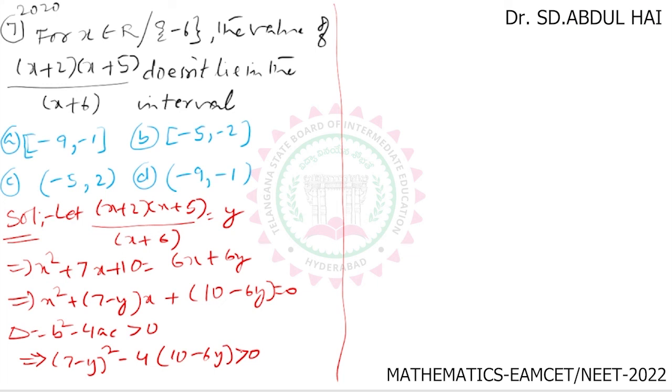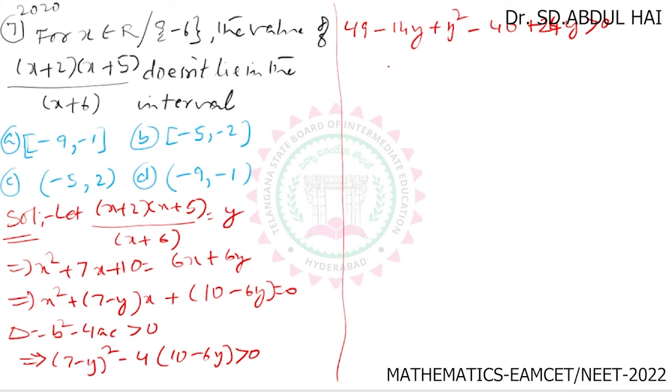Okay. So if I simplify this in the form of a minus b whole square, 7 square is 49, minus 2ab, 2 sevens are 14y, plus y square, minus 4 times the 10 plus 4 sixes are 24y, greater than 0.